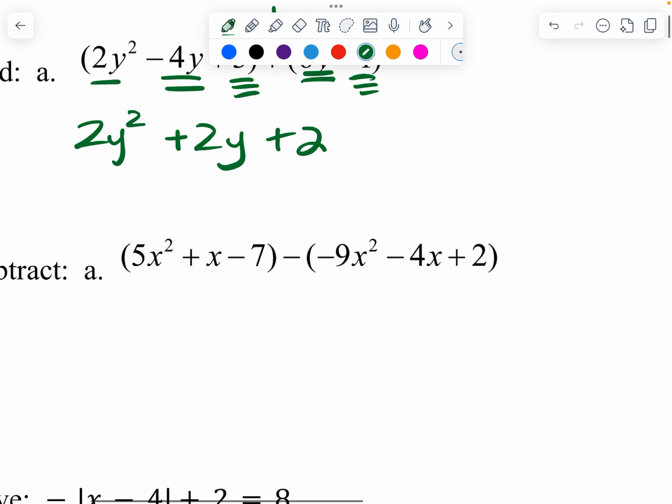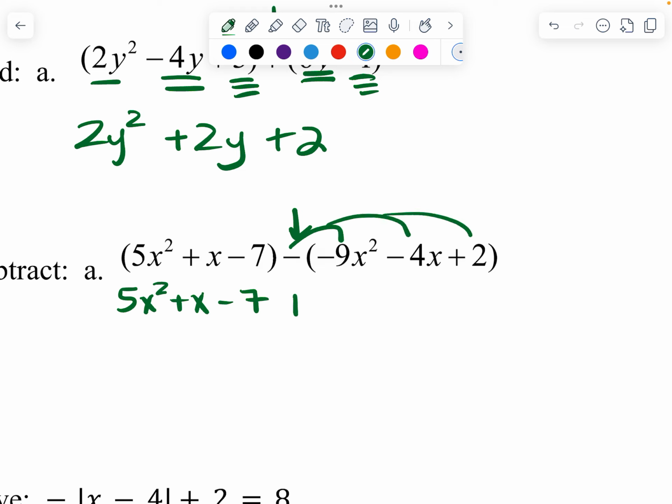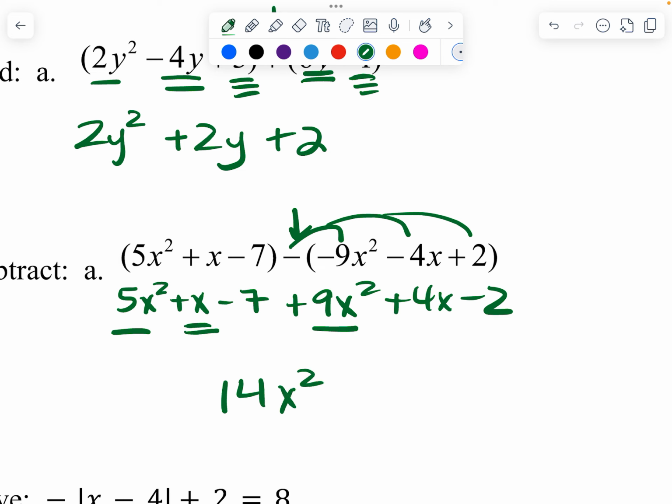Now, when we're subtracting, on the other hand, that changes things. I have the first parenthesis, then I need to distribute that negative to each thing inside before I combine like terms. So I combine these and get 14x squared, combine these and get 5x, and then lastly, the constants.